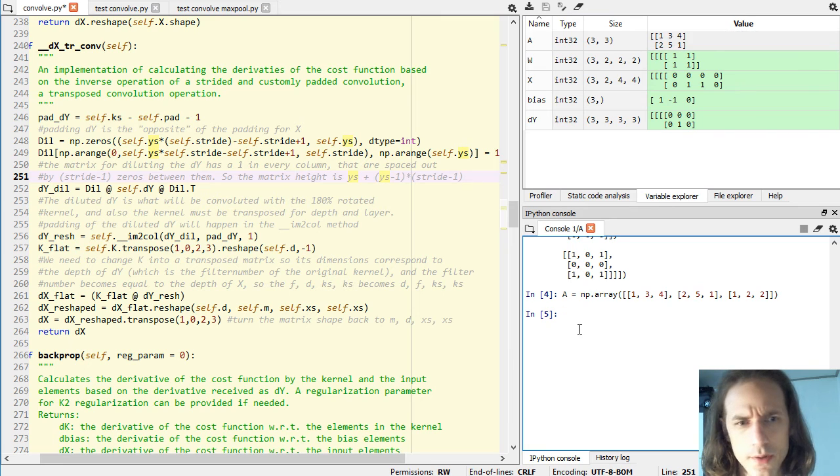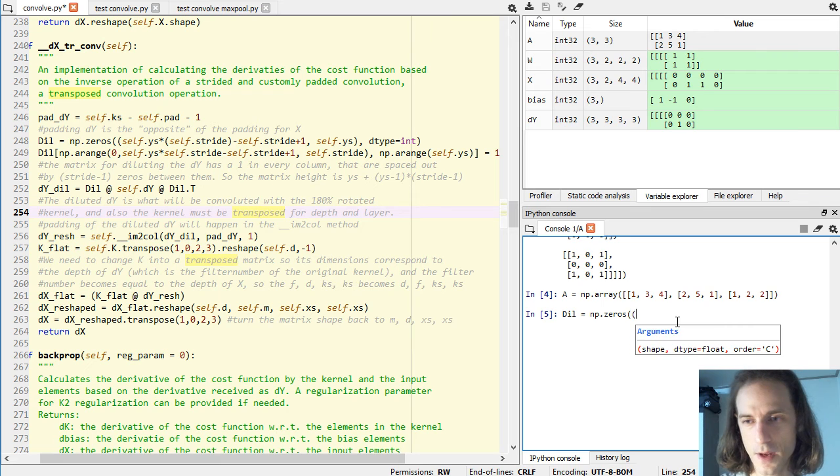Let's say I want to dilute it with 1. The stride was 2, so we dilute it by stride minus 1 zeros. There's going to be 1 zero. So let's make the dilution matrix a NumPy array. Let's just make it NumPy zeros for the time being.